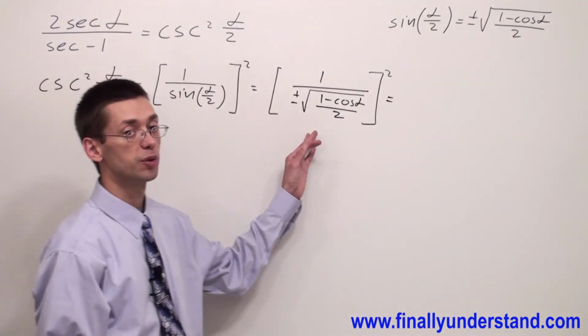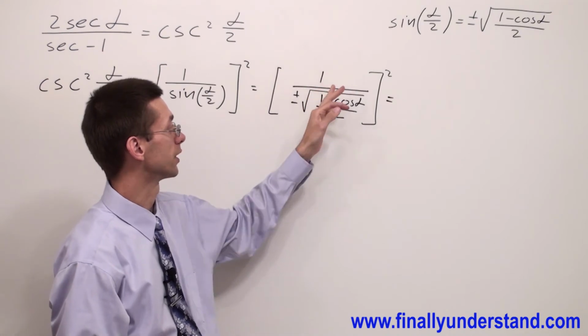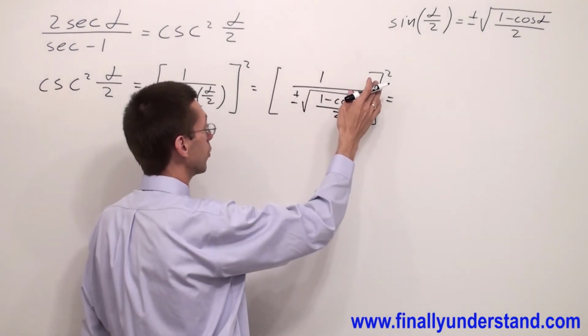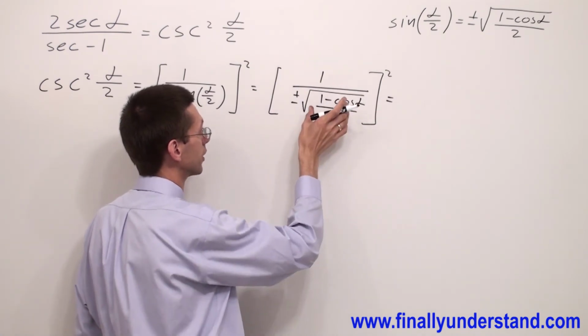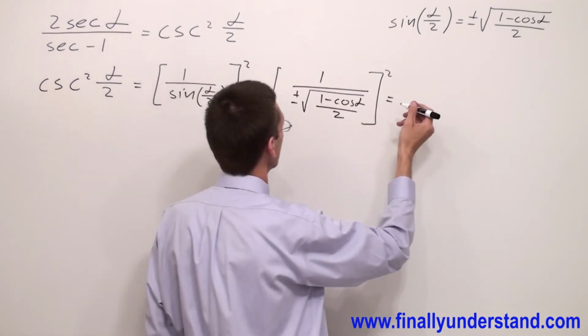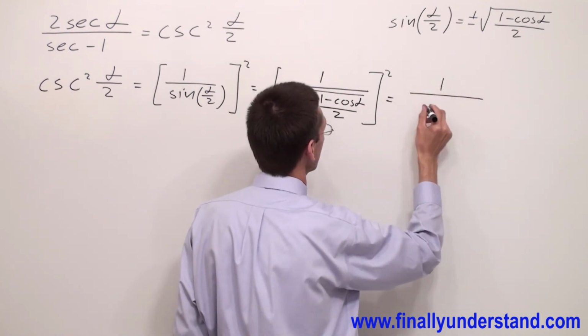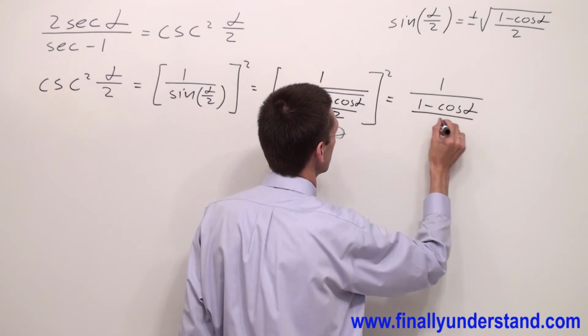Next, you're supposed to use the properties of exponents and raise the numerator to the second power and the denominator. 1 to the second power is equal 1, and square root to the second power is simply the content which is under the square root. So we have simply 1 divided by 1 minus cosine alpha over 2.